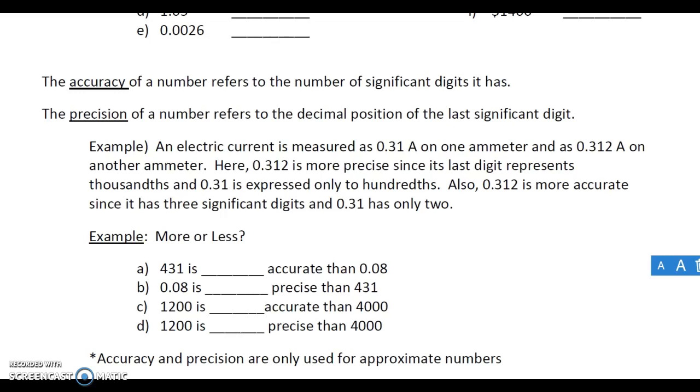You're right, it has 3. How many significant digits does 8 hundredths have? It only has 1. So because 431 has more significant digits than the number we're comparing it to, the 431 is more accurate.